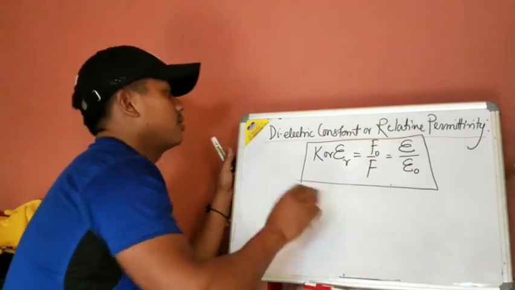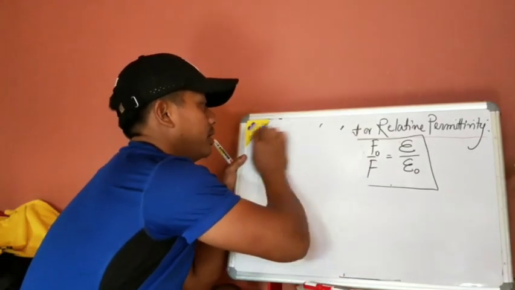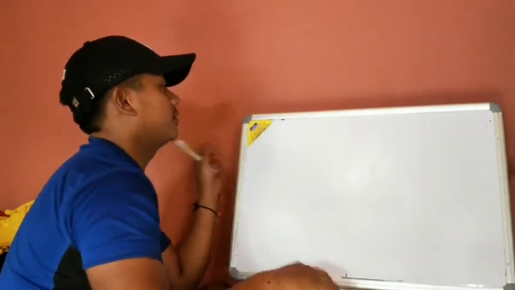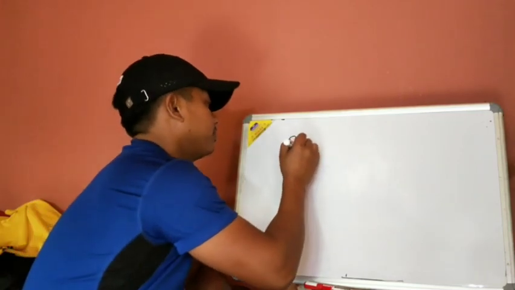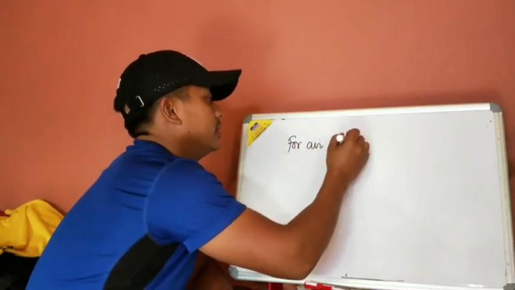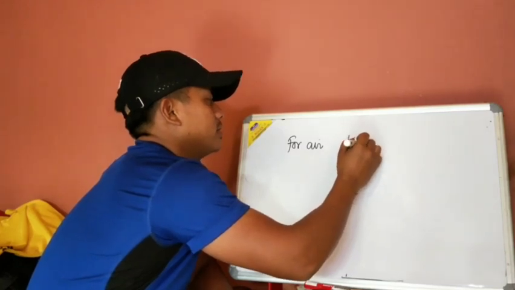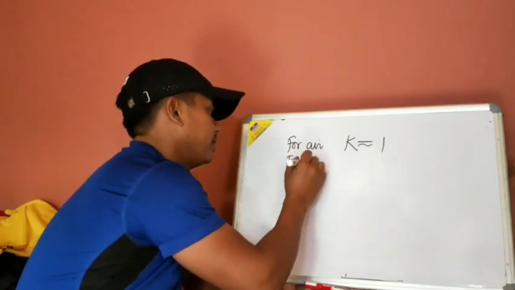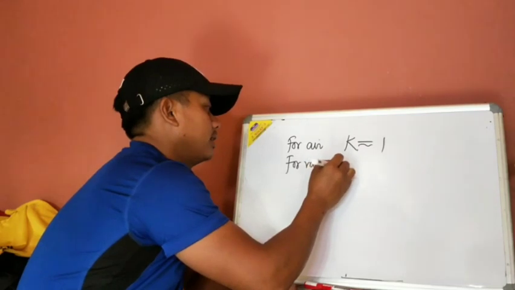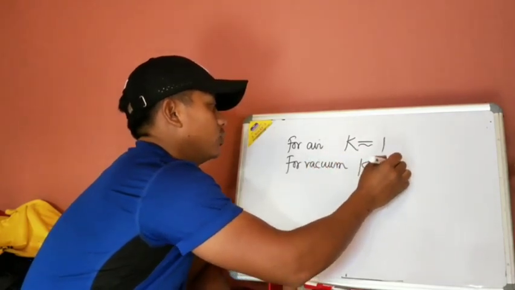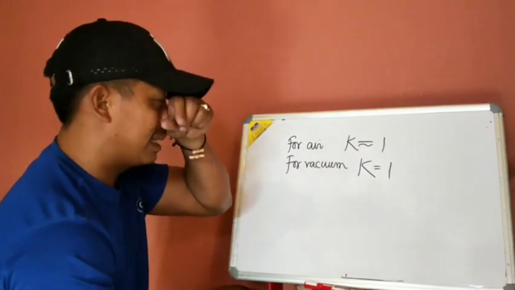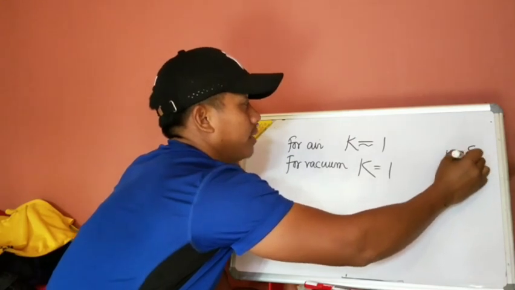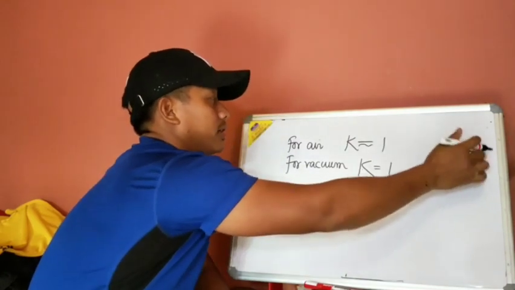This dielectric constant value depends on the nature of the medium. For different media, the dielectric constant is different. For air, the K value is approximately equal to 1. For vacuum, the K value is exactly equal to 1, because K is epsilon naught by epsilon naught, which is obviously 1.